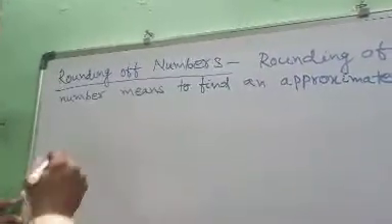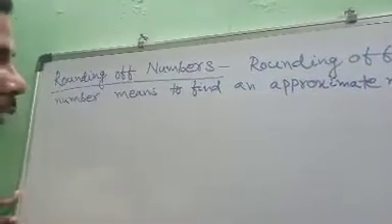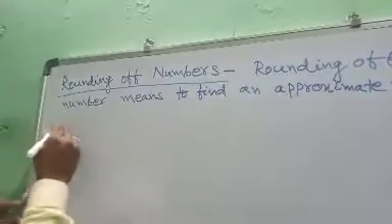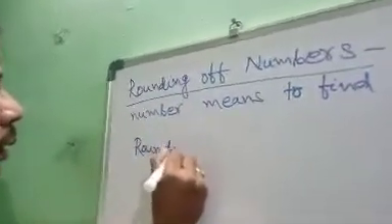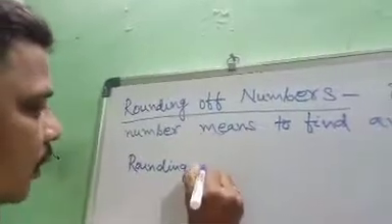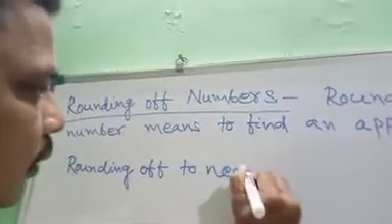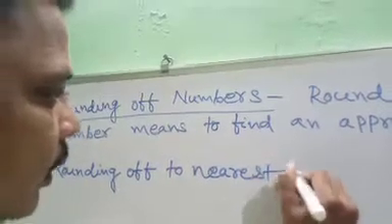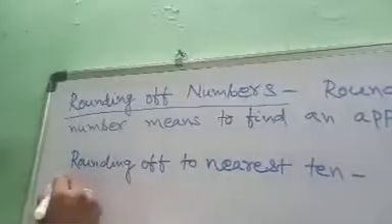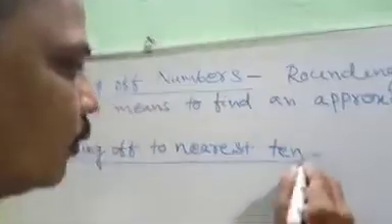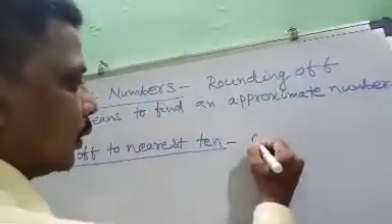Okay, we can round numbers in three ways. The first one is rounding to the nearest 10. While rounding a number to its nearest 10, we have to look at the ones place.